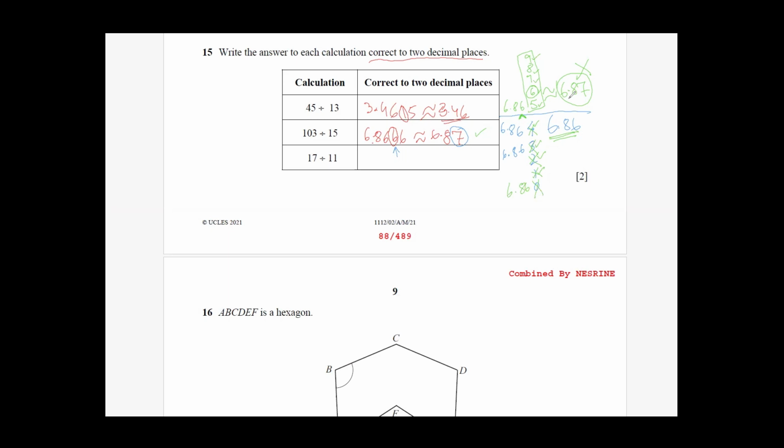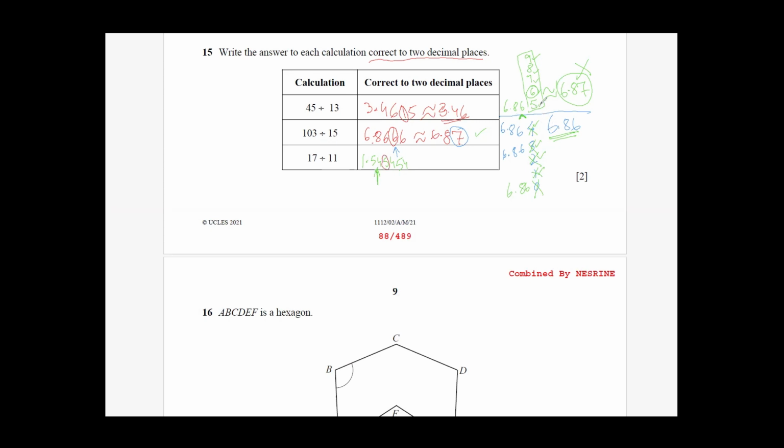1.5454 and 54554 and so on. Since we need to retain the answer up to the second decimal place, this is it. Now you can see the third decimal place is 5.